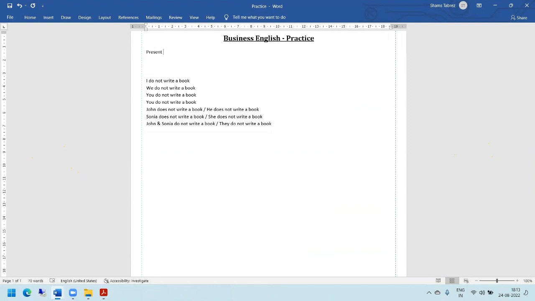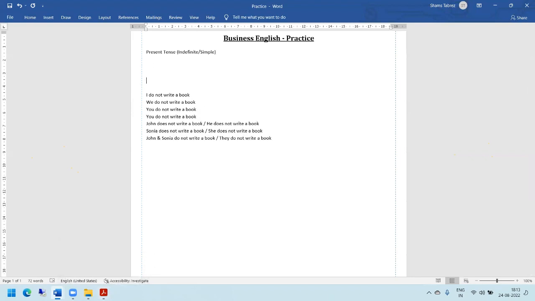Present tense, in present tense it is indefinite, or it is called simple. In this one, first of all, affirmative. If we talk about affirmative sentences here, which is a simple sentence.